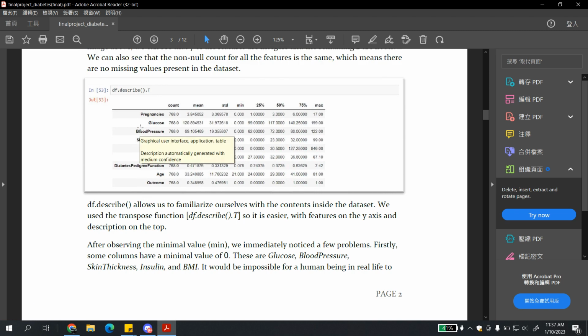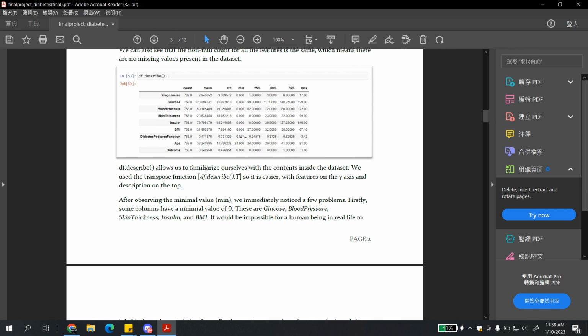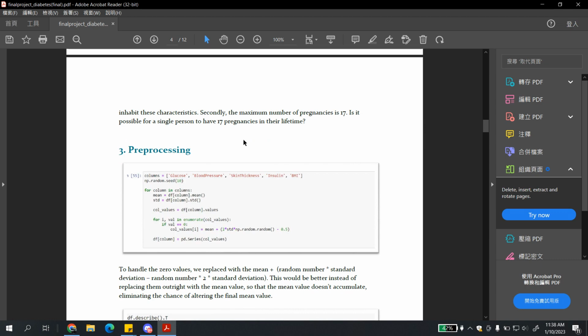We can see that in the minimal values we have 0 glucose, 0 blood pressure, 0 skin thickness, 0 insulin, and 0 BMI. In real life, it's impossible for a human being to have none of these inside their body. So we're going to change that.